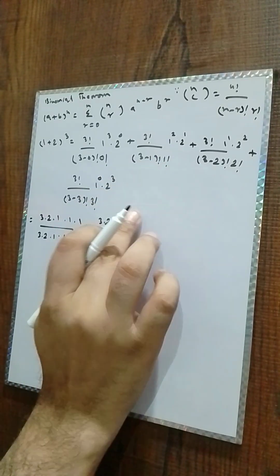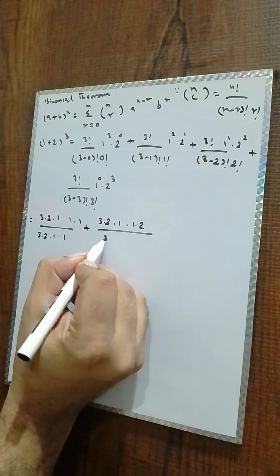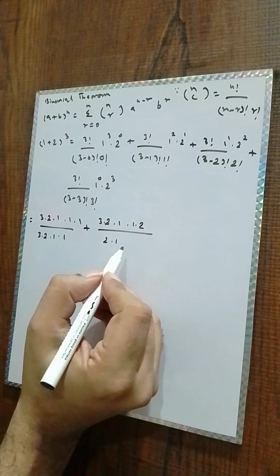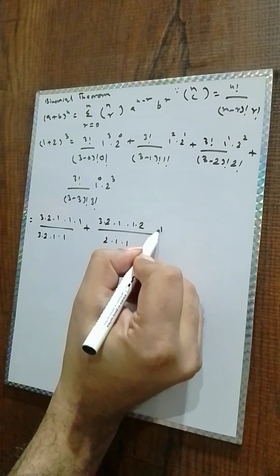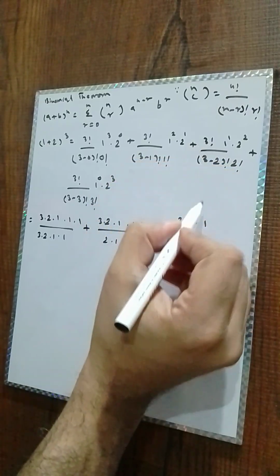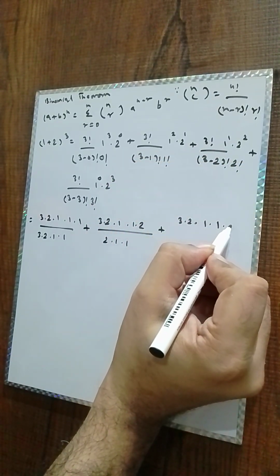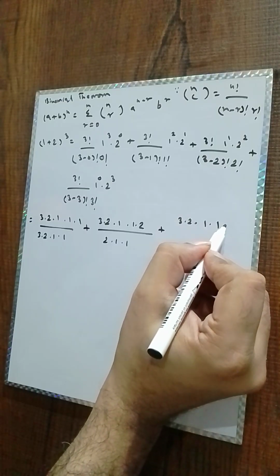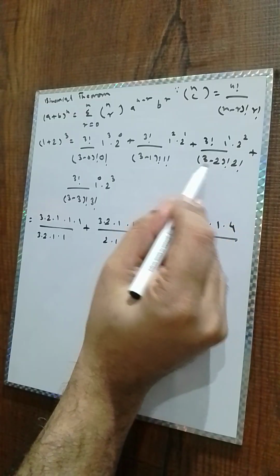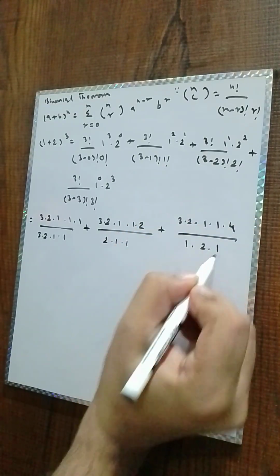3.2.1.1.2 by 3 minus 1, which is 2 factorial, which means 2.1, and 1 factorial is 1, plus then 3.2.1 here, 3 factorial dot 1 to the power 1 and 2 to the power 2, which is 4 now, and in the denominator we have 3 minus 2, 1 factorial, which is 1, and then 2 factorial, which is 2.1.